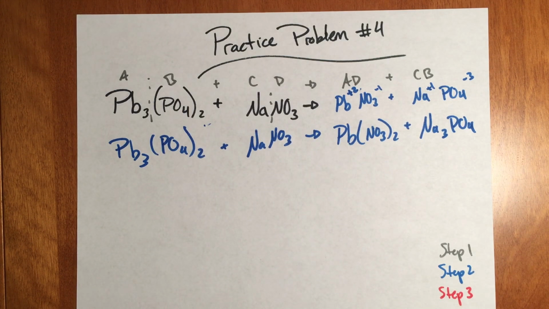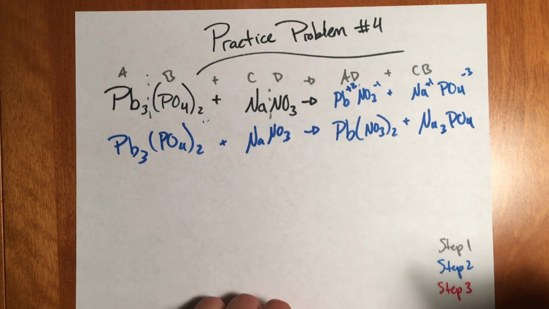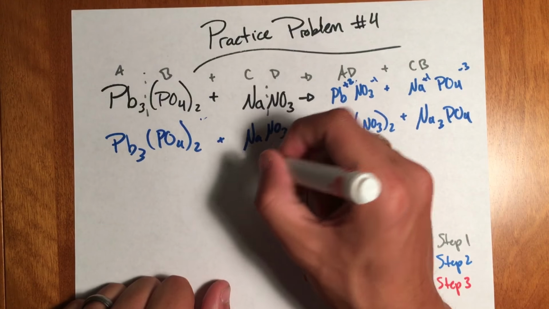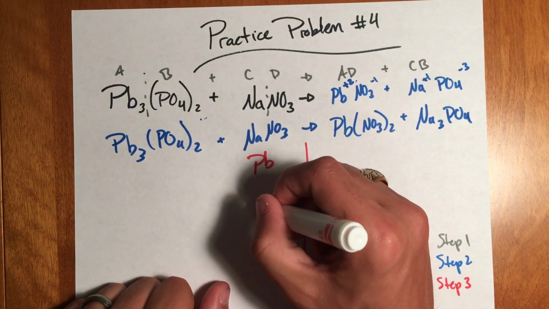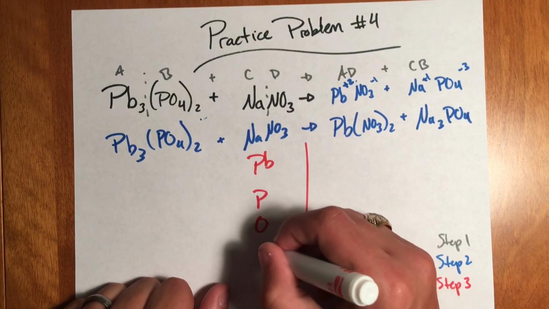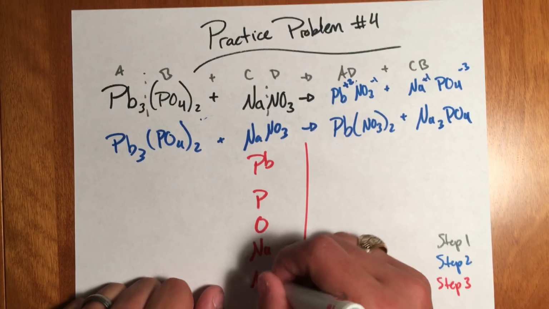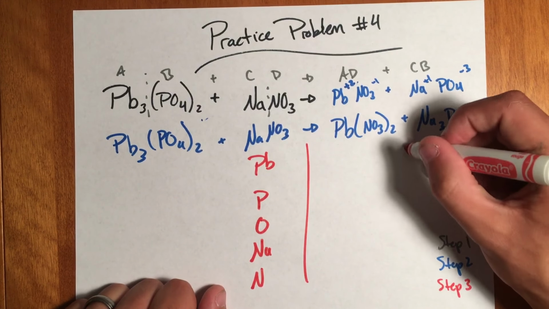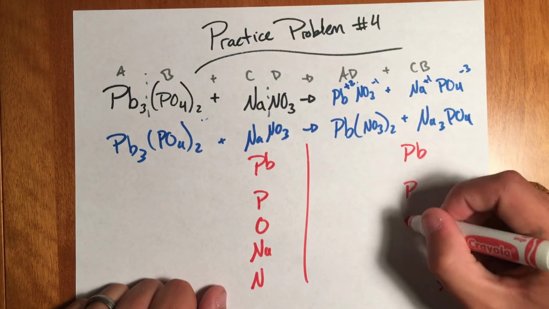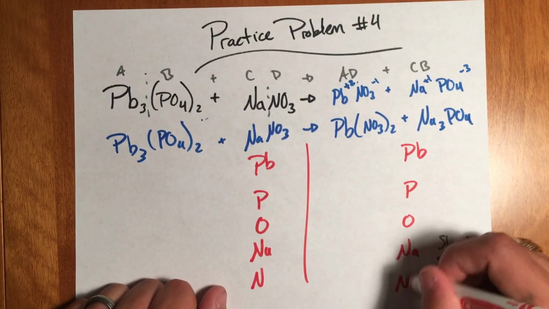All right, so now we need to balance the reaction. We got this, draw a line, Pb, then phosphorus, oxygen, sodium, and nitrogen.